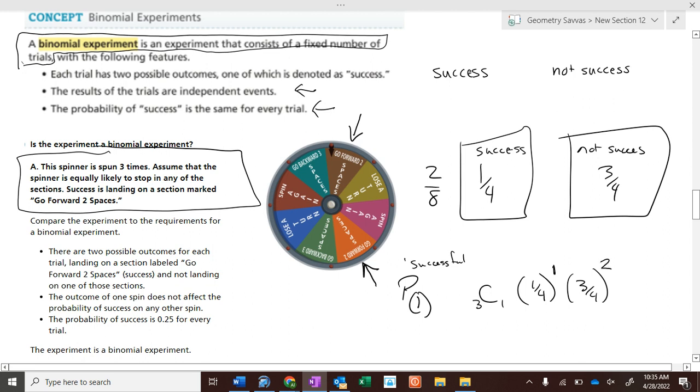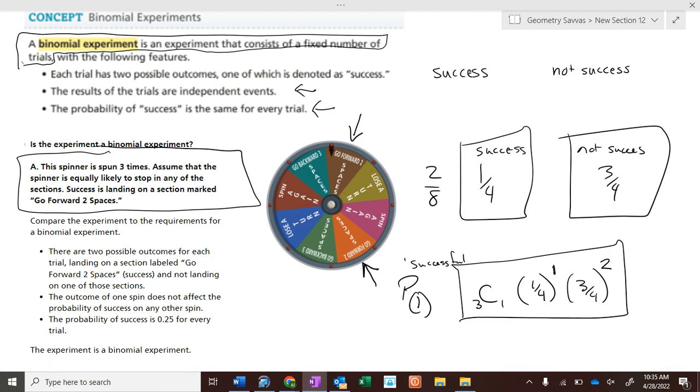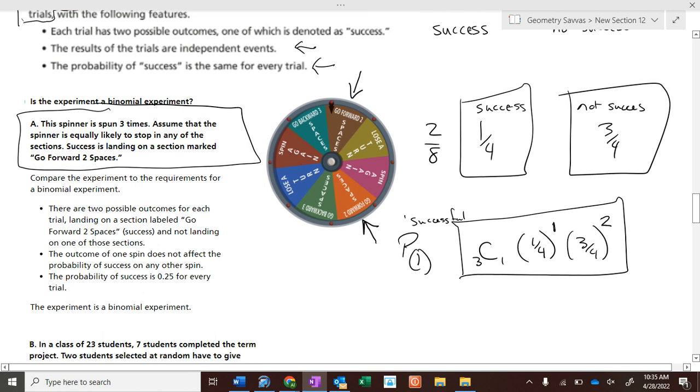Twice, because there's 3 trials. Okay. This is the binomial probability equation. So somebody on your calculator take 3 combination 1 times 1/4 times 9/16.